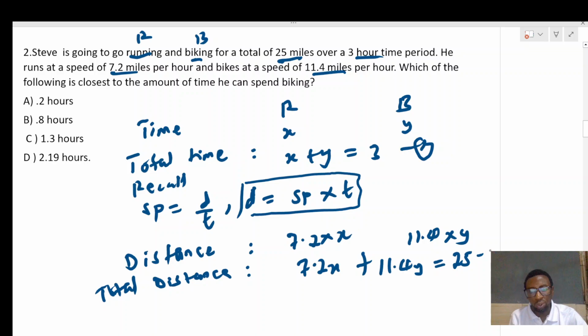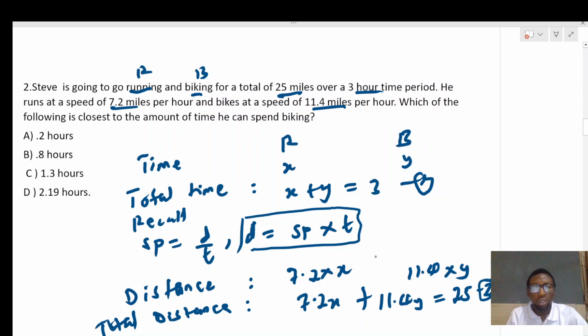25. Equation 2. So if I solve equations 1 and 2, what are we looking for, by the way? They ask which of the following is closest to the time spent biking. The time for biking, don't forget, is y. So I'm looking for y, which is unknown.